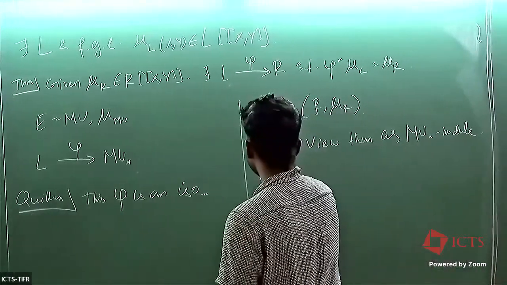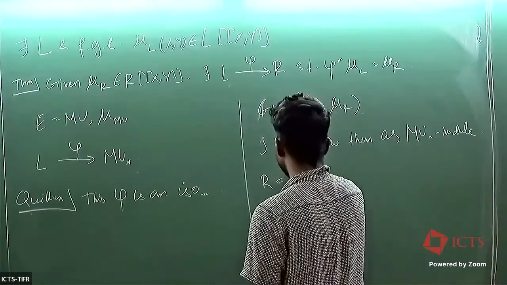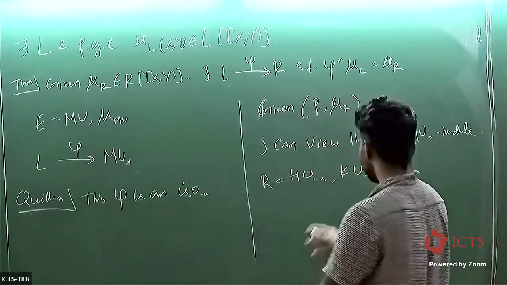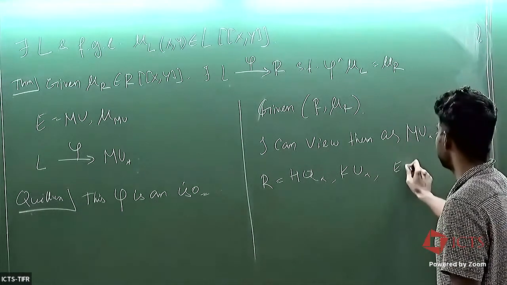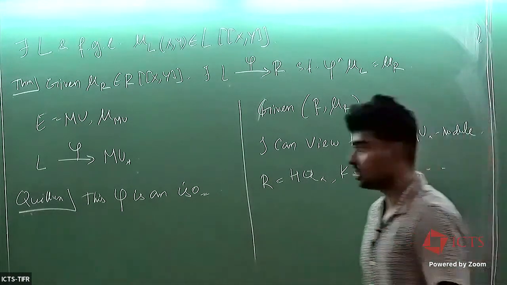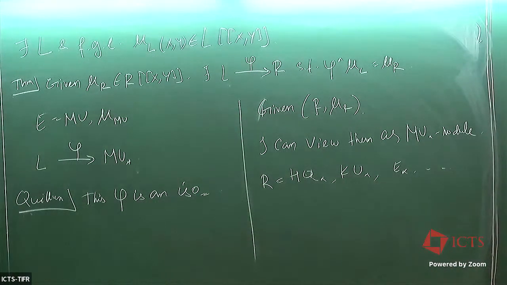For example, you can take R to be HQ star, and so on. Any complex oriented E, the pi star of E, you can think of as an MU star module.